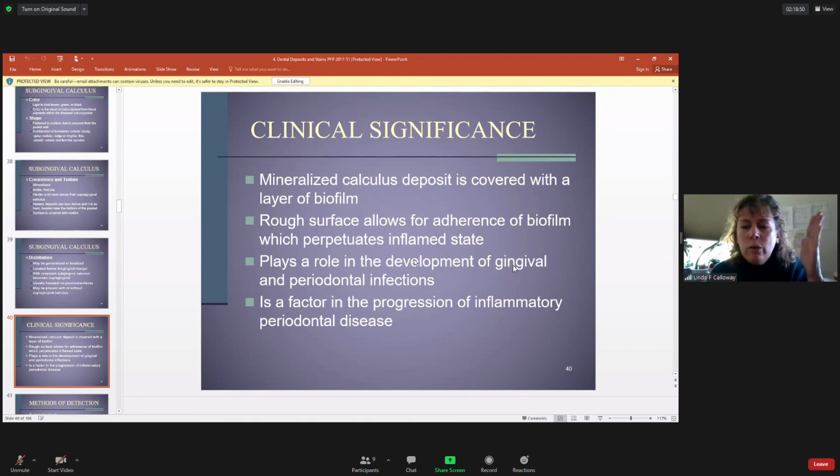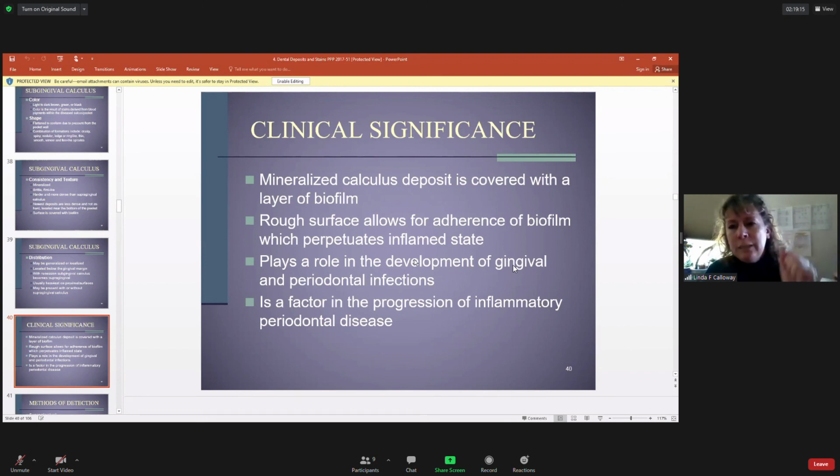If there was already a reason for plaque to be there and harden into calculus, there's going to be new plaque building on it every single minute of the day. So some of it mineralizes and then new biofilm adheres to it. It's the reason the calculus is there, because there was biofilm in the beginning and then it hardened.